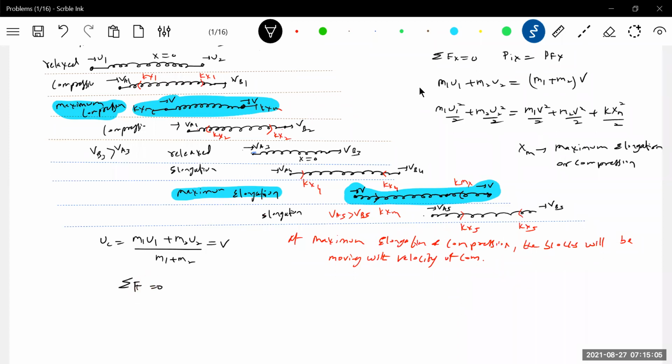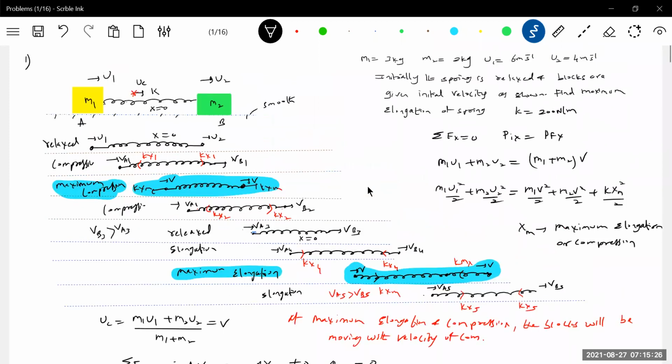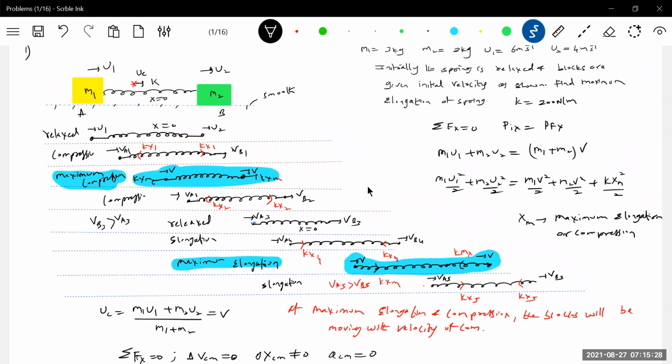There is a situation like this because the initial velocity is non-zero, and the acceleration of center of mass is 0. All the conditions will come into the picture here.